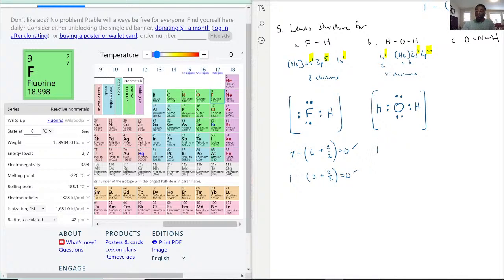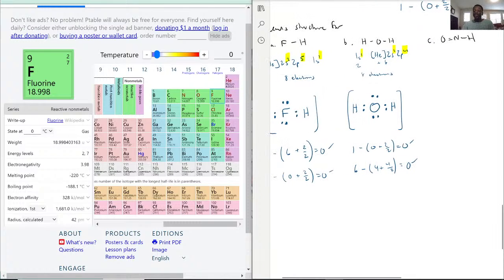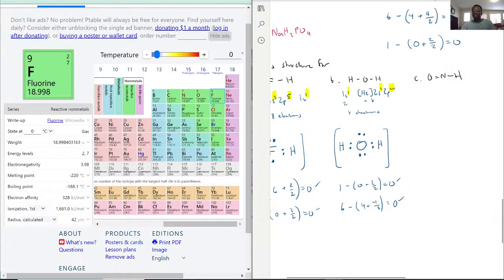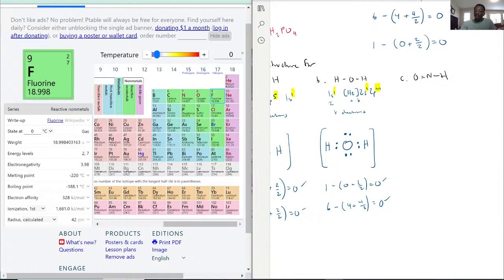We know how the hydrogen works because it's the same thing, so still a theoretical charge of 0, which is great. And oxygen is going to be 6, minus 4 by itself, and it's sharing 4 electrons, so this also equals 0 for the theoretical charge. Everything's looking good, because these molecules are neutral, so we want the theoretical charge to be neutral as well, which is what we got.